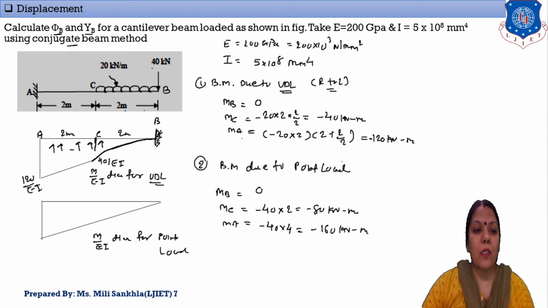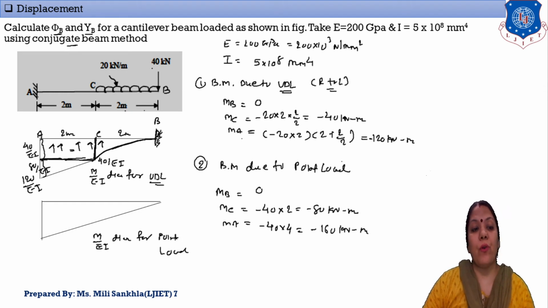Here is our first area, because here is an inward parabola; complete this and make this extension here. The value of this rectangle is 40 by EI, so the one below is 120 minus 40, which is 80 by EI, and the overall diagram is negative.